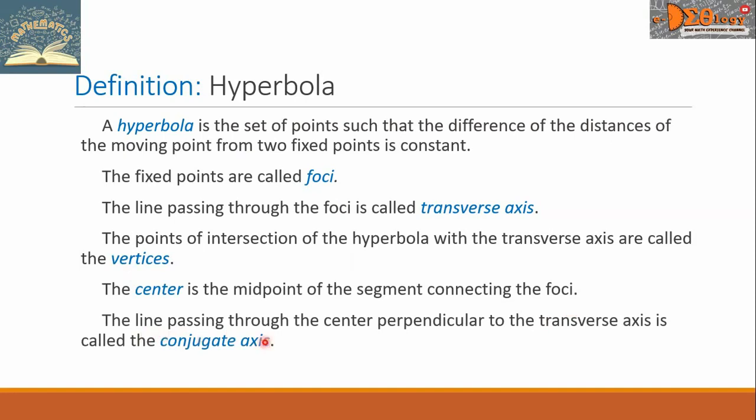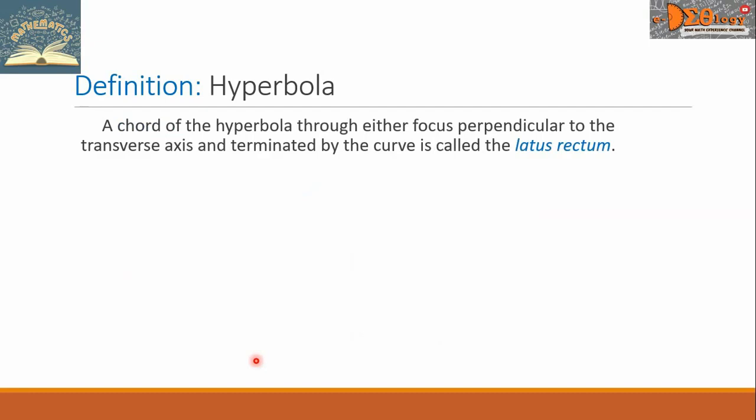The line passing through the center perpendicular to the transverse axis is called the conjugate axis. A chord of the hyperbola through either focus perpendicular to the transverse axis and terminated by the curve is called the latus rectum.